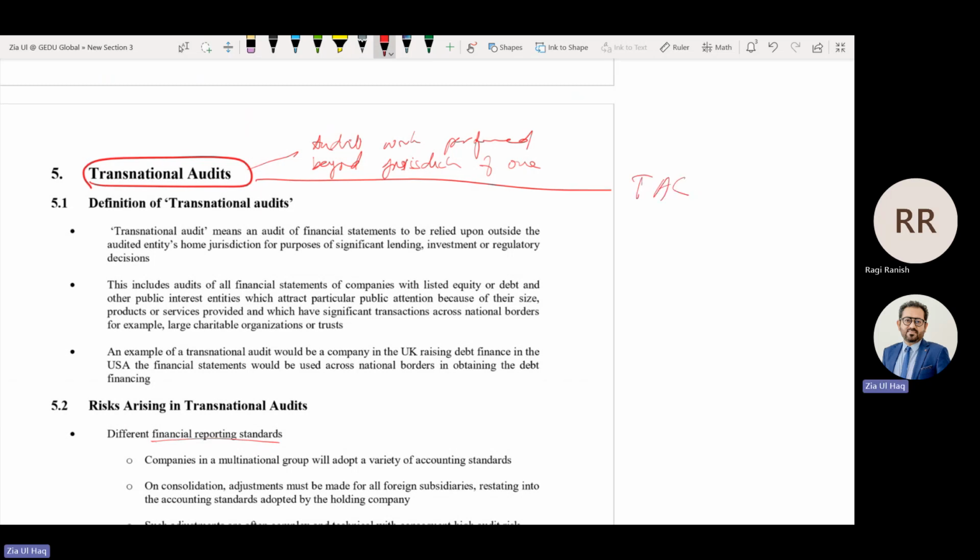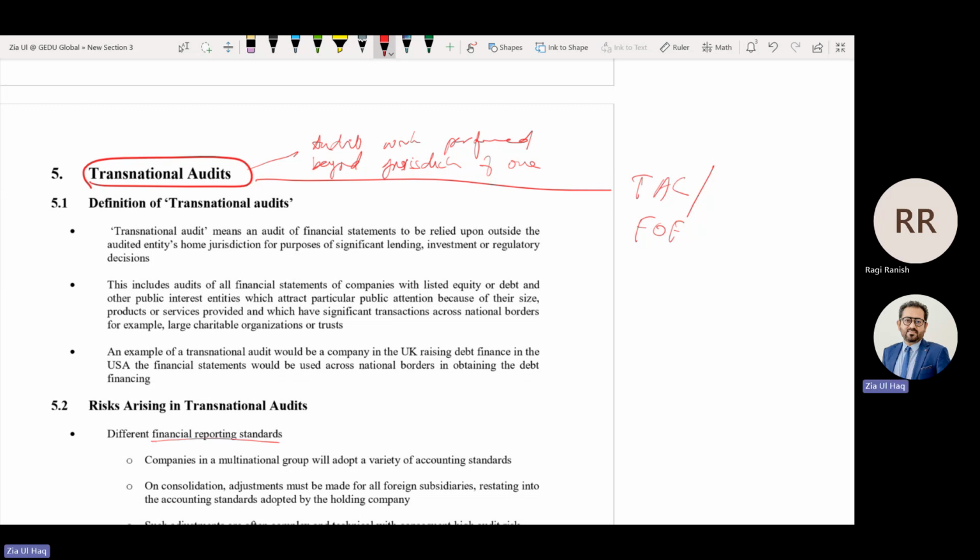TAC stands for Transnational Audit Committee, working under IFAC, also called the Forum of Firms. In this committee, representatives of the world's top firms sit and voluntarily provide help to the audit profession if they face any issue in transnational audit.